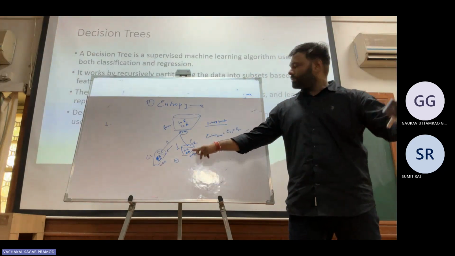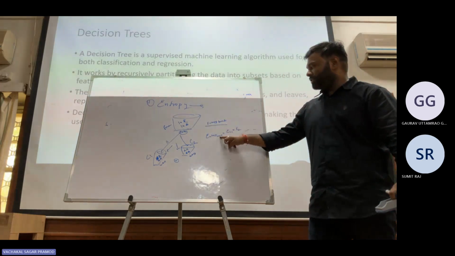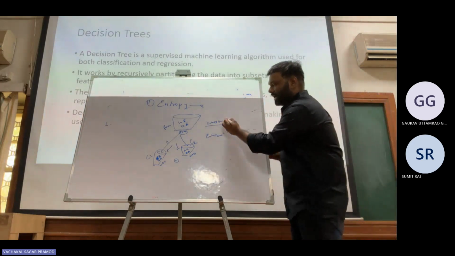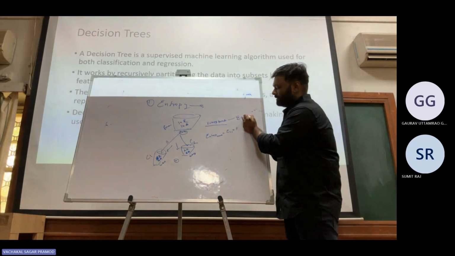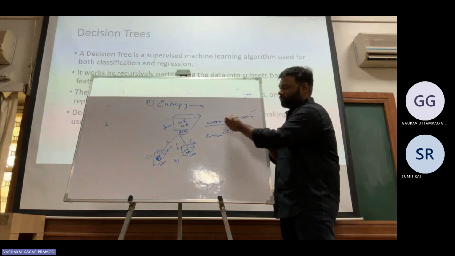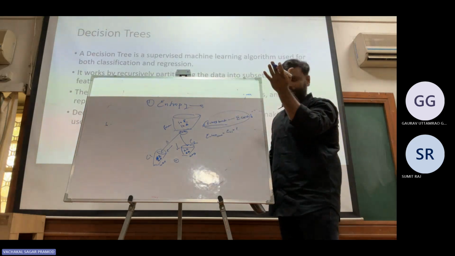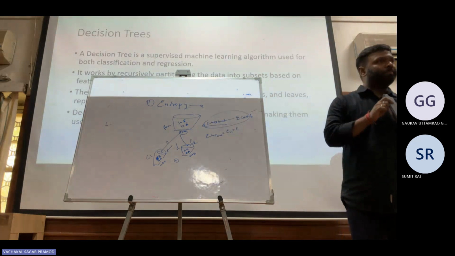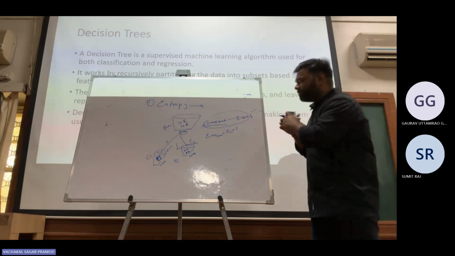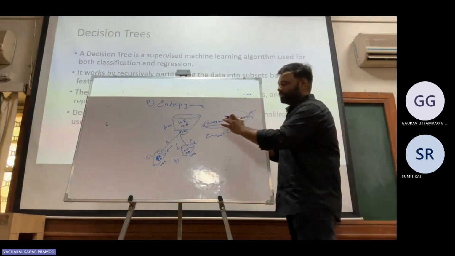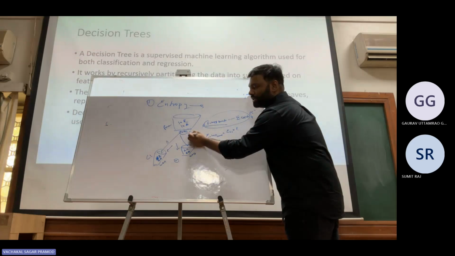So entropy parent minus entropy child would be higher. If the child entropy is too much, meaning too many impure classes, too much noise in the class, then the overall difference is lower. So this part is known as information gain.